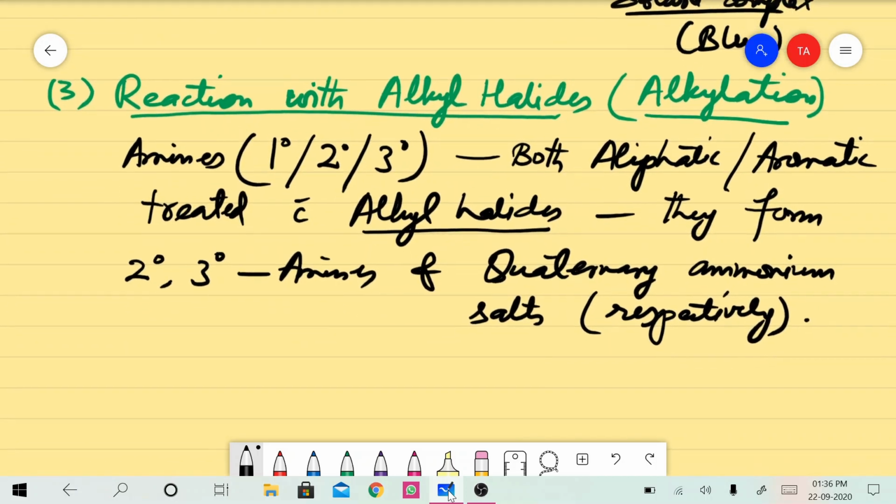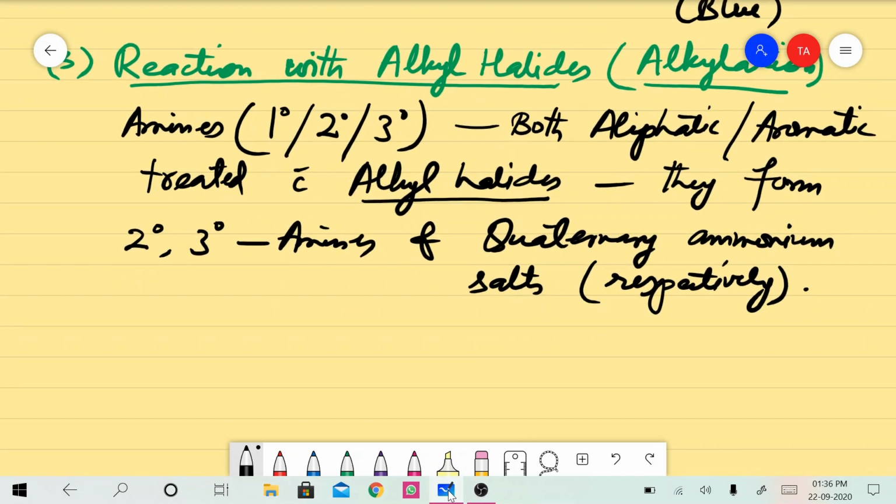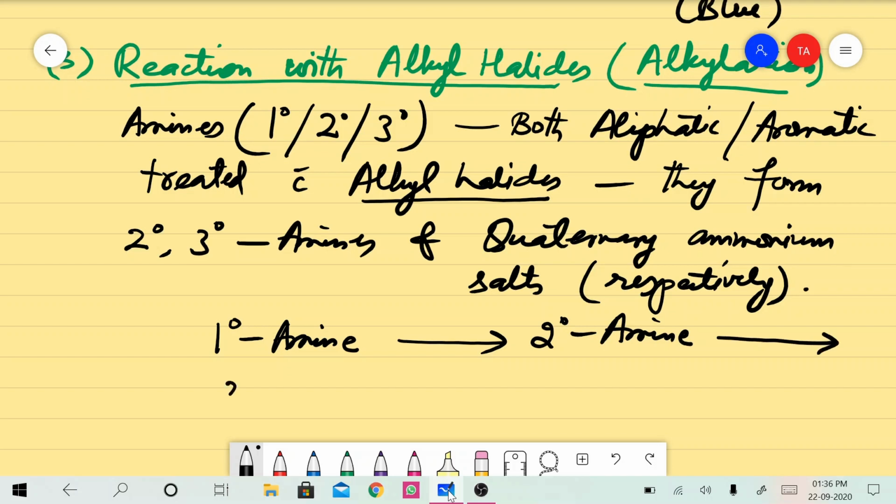इसका मतलब क्या है? इसका मतलब है कि अगर प्राइमरी अमाइन की रिएक्शन की जाए अल्काइल हलाइड के साथ, it will form a secondary amine. Secondary amine reacts further and forms a tertiary amine.